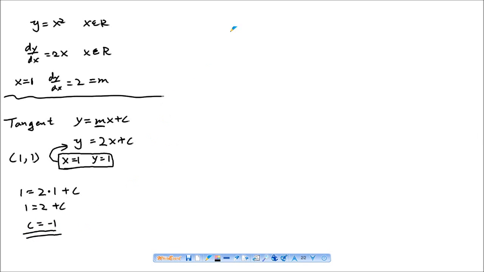Now we know the value of c. So the tangent of the graph y equals x squared, x belongs to R, at x equals 1 is y equals 2x minus 1.